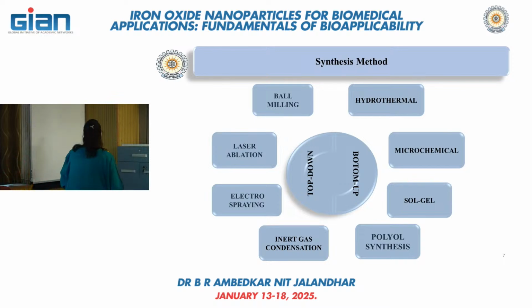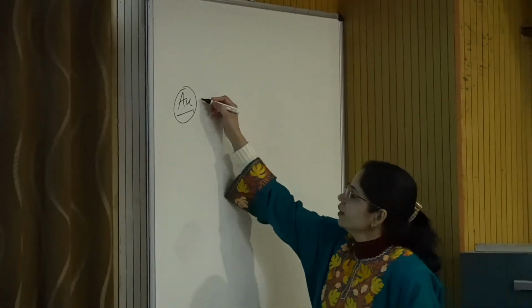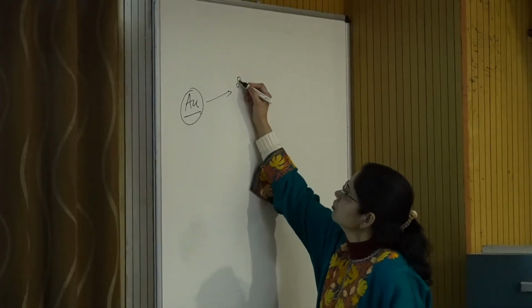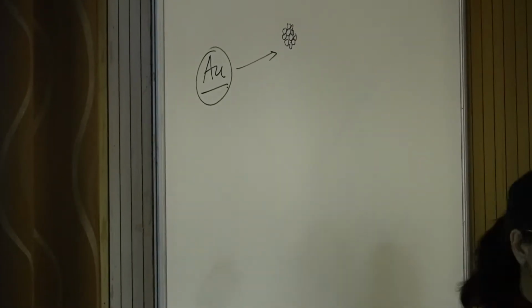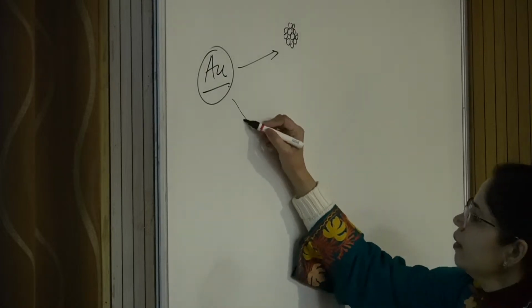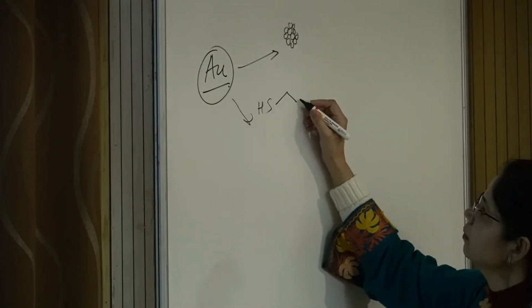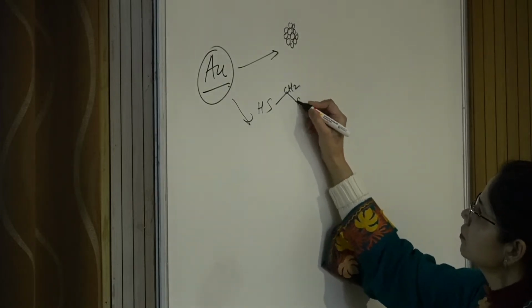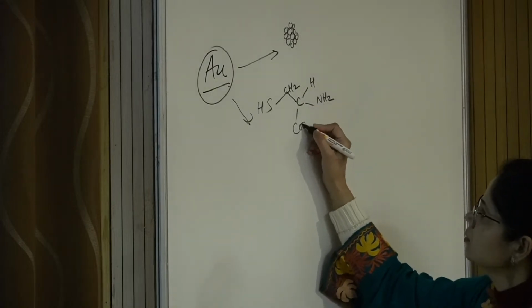For example, you have a gold nanoparticle. Once it is formed, it can continue to grow like this. It can give you the spherical nanoparticle. And if there is some capping agent, like I am adding this cysteine, this is the amino acid, you know this cysteine.